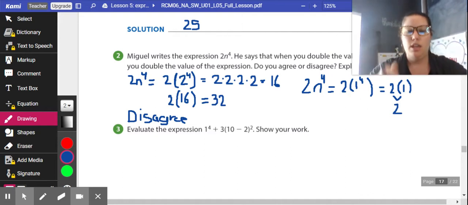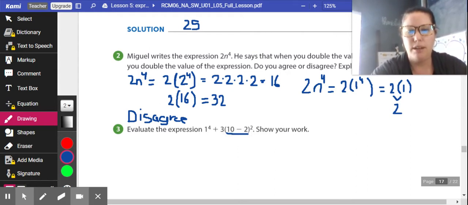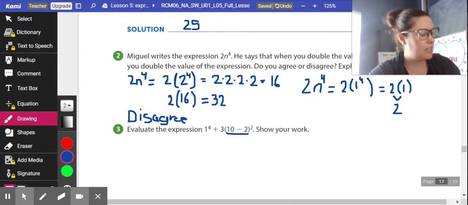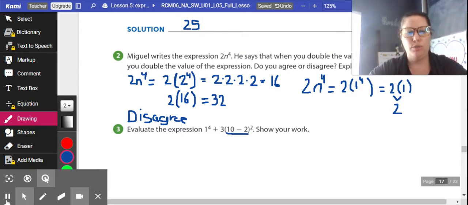PEMDAS tells us to do what's inside the parentheses first, so we're going to do 10 minus 2. The 2 is not squared. The quantity of 10 minus 2 is squared. So we have to do 10 minus 2 first.